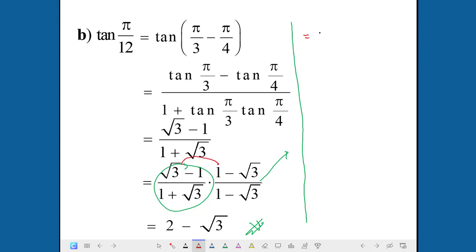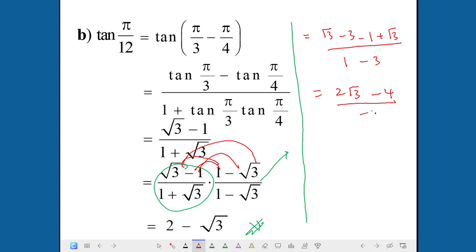Root 3 minus 3 minus 1 plus root 3 over, what is 1 minus root 3 times 1 plus root 3, equal to 1 minus 3, negative 2. The numerator is 2 root 3 minus 4 over negative 2. Simplify the negative, so 2 minus root 3.